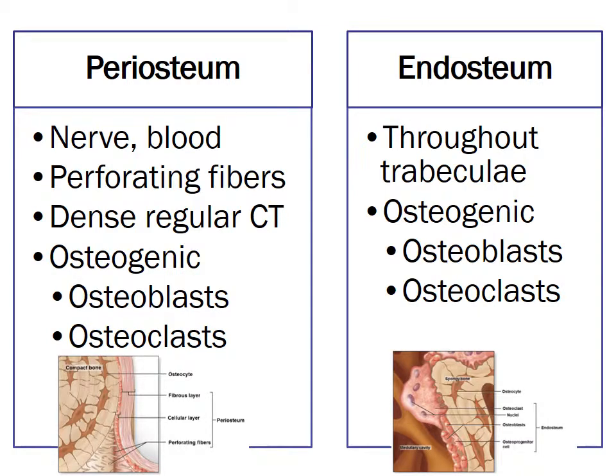The endosteum is an osteogenic layer, the same as the inner periosteum. That travels inside the organ and lies over all the trabeculae of spongy bone. Again, we see that it contains osteoblasts and osteoclasts. In the diagram, you can see a fourth cell, osteoprogenitors.